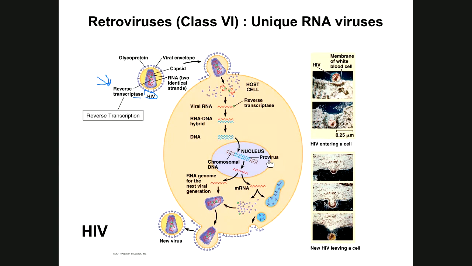Now, either right away or due to some stress, eventually that infected T cell can be caused to go into a lytic cycle where the genetic information that is inserted into the host cell DNA is now expressed, resulting eventually in reproduction of new HIV viral particles. Over here they're showing you the membrane of a white blood cell.